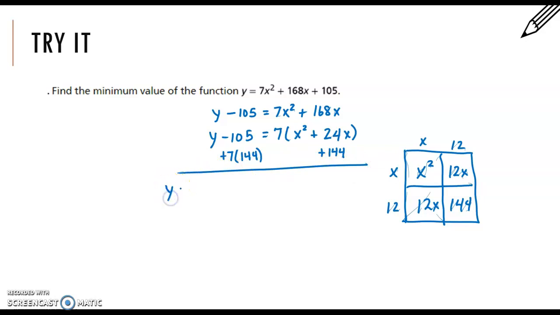So y minus 105 plus 1008 is equal to 7 times the factored form, which would be x plus 12 squared. Now I'm going to combine 1008 and 105, so I get y plus 903.